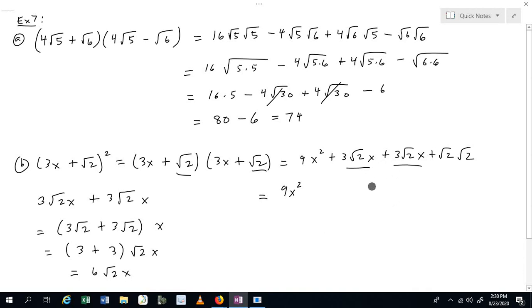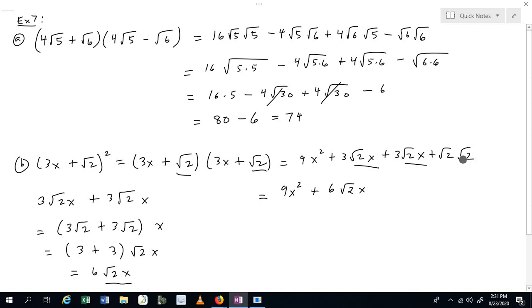Now, if you're familiar with how these radicals would add up, you could just say that this term and this term are the same. They're both square root of 2 times x terms. I have 3 of them here and 3 of them here. And so that means I have a total of 6 of these square root of 2 times x terms. That's another way to think of it. Okay? Either way, you end up with 6 of these square root of 2 times x terms.